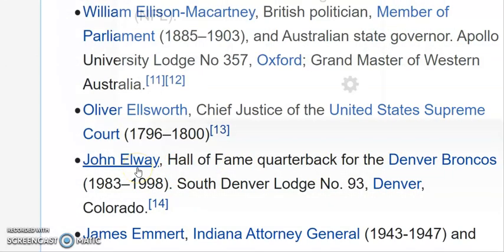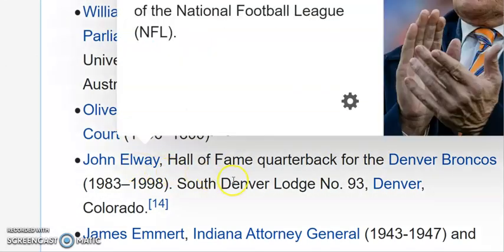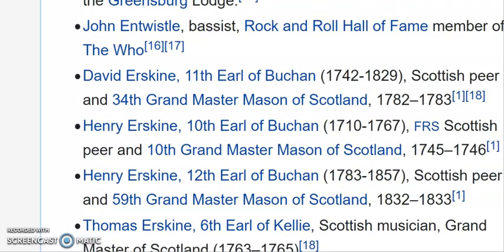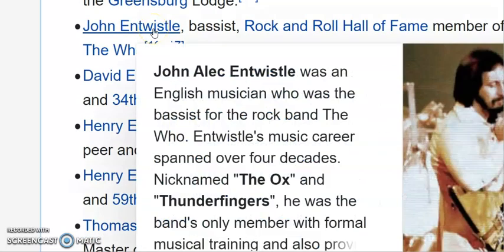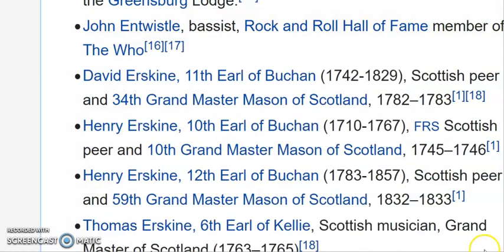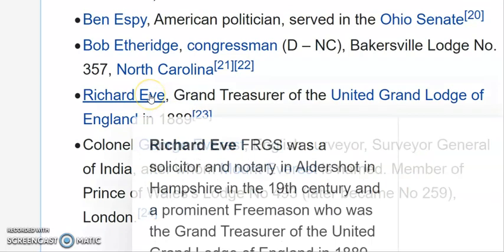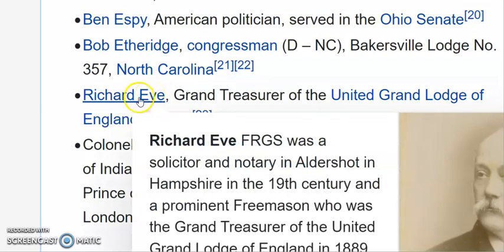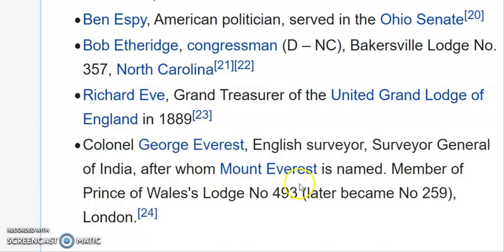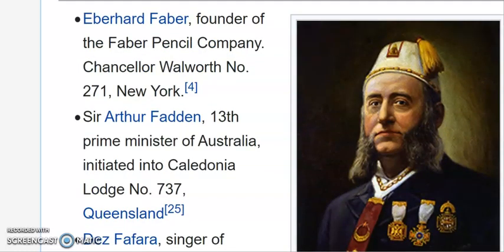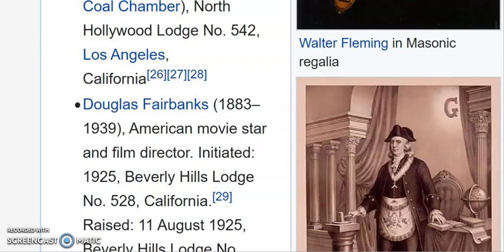John Elway. John Entwistle from The Who, The Ox. Of course, that's right. Richard Eve. George Everest, Prince of Wales Lodge. Everard Faber. Walter Fleming.